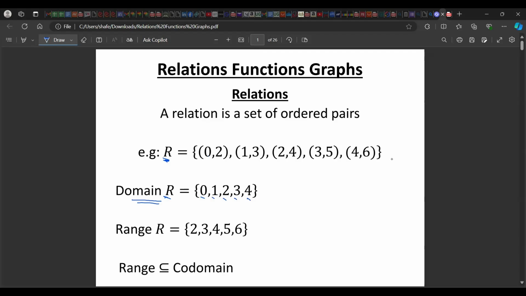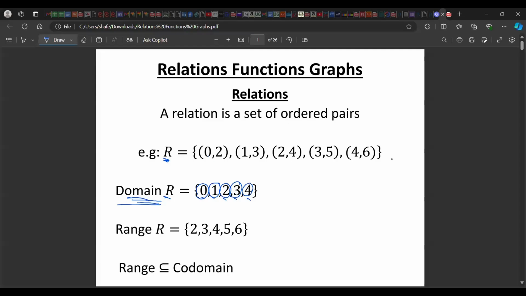Now, when we go on, you're going to see that we can liken functions to a machine. It's a mathematical machine. Relations and functions are like mathematical machines. And the members of the input we call the domain.